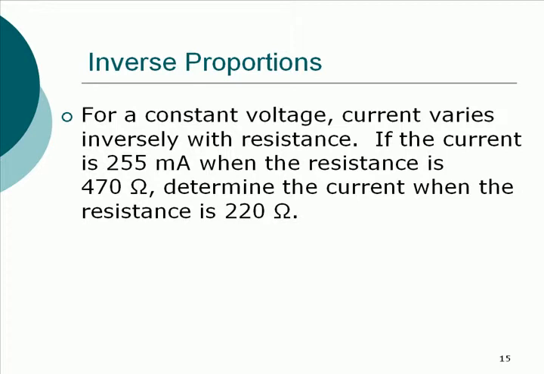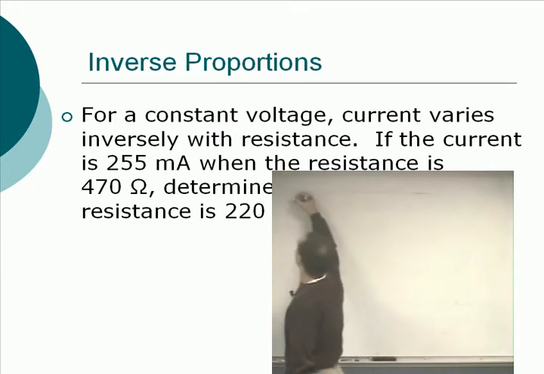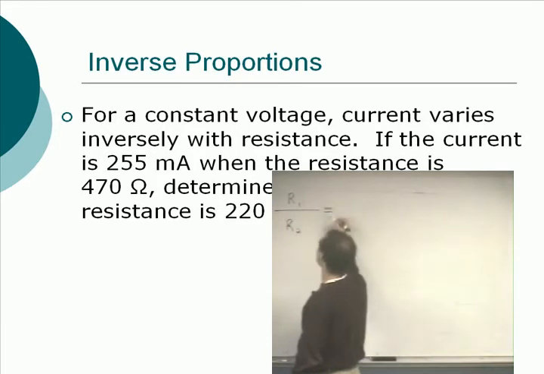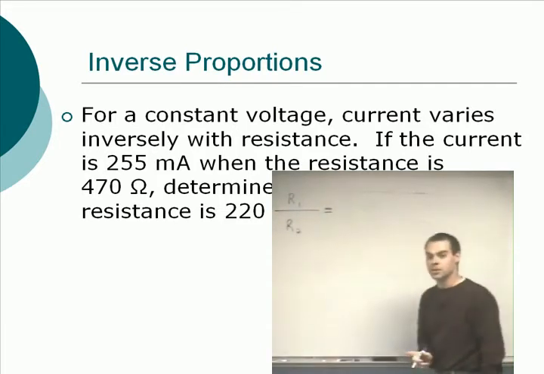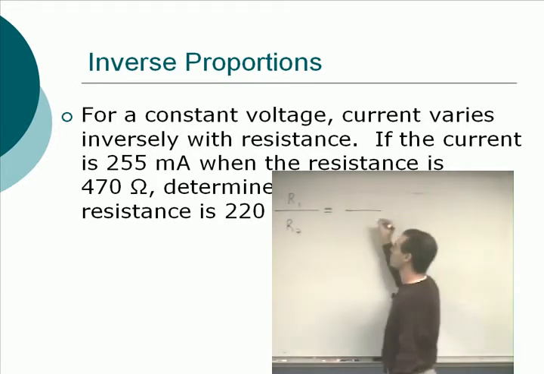So here's what we need to draw from the first one. What we can say from that first one is, if we want to use a proportion for this, we can say that the resistance in the first circuit compared to the resistance in the second circuit is equal to, now, here's the switch. If we are talking about an inverse proportion, where if one goes up, the other goes down, we have to switch the proportion.